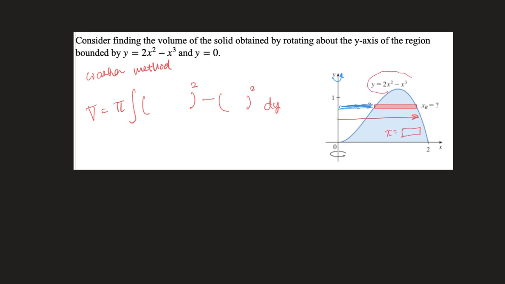But how can we find x for this function? It's very hard to find. Same thing here, the shorter radius is right here. Also very hard to find, guys. So in that case, we have to use the shell method.